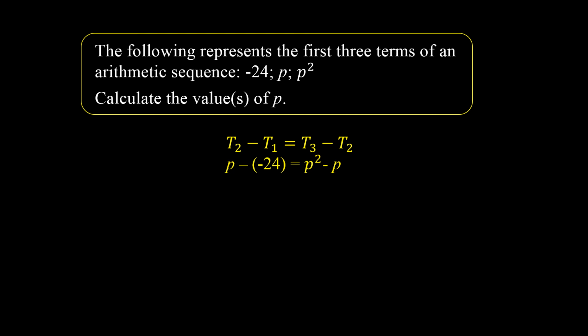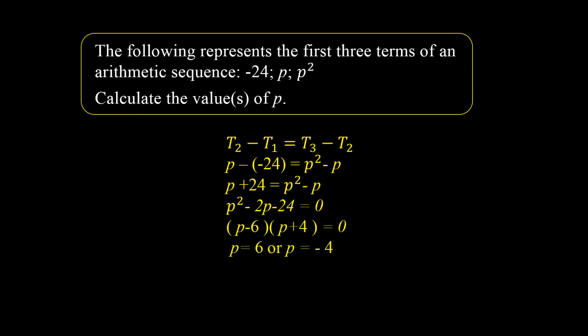Substituting very carefully, p minus of minus 24, remember that, equal to p squared minus p. Please remove the bracket, write in standard form, and then we factorize. We get p equal to 6 or p equal to minus 4. Two values are possible for p.